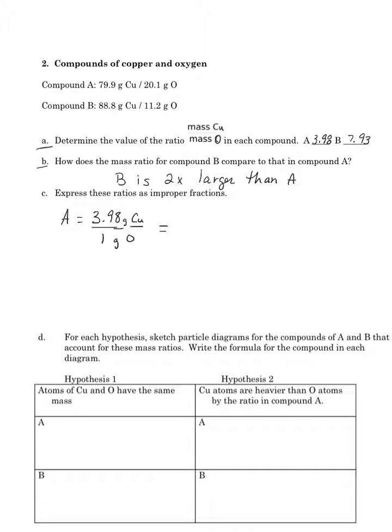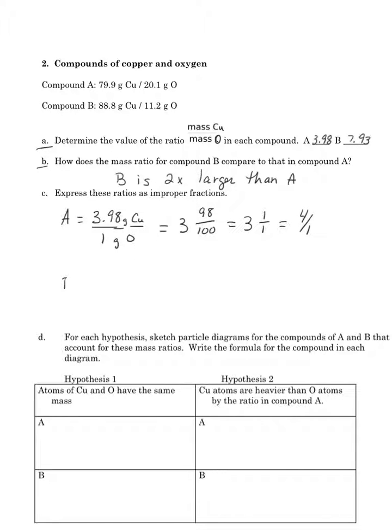This is the same as 3.98 over 100, which is very close to 1. So we round to numbers that make more sense for chemistry: 98 over 100 being close to 1, we're going to say is 1 over 1. Now I follow my formula for making an improper fraction. 1 times 3 is 3, plus 1 is 4. So this gives me an improper fraction of 4 over 1.